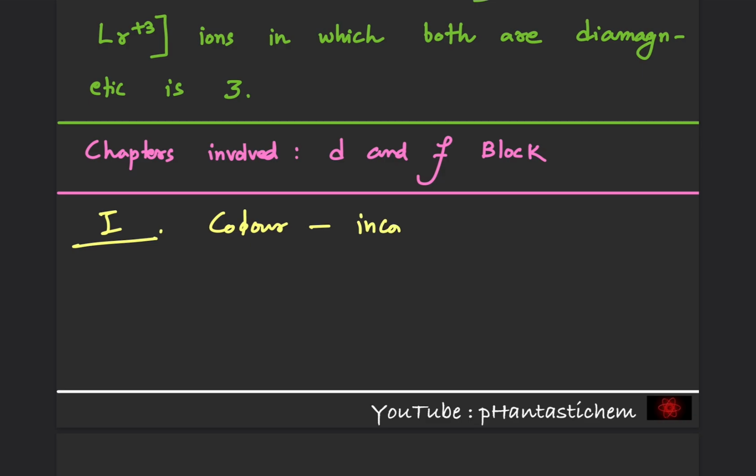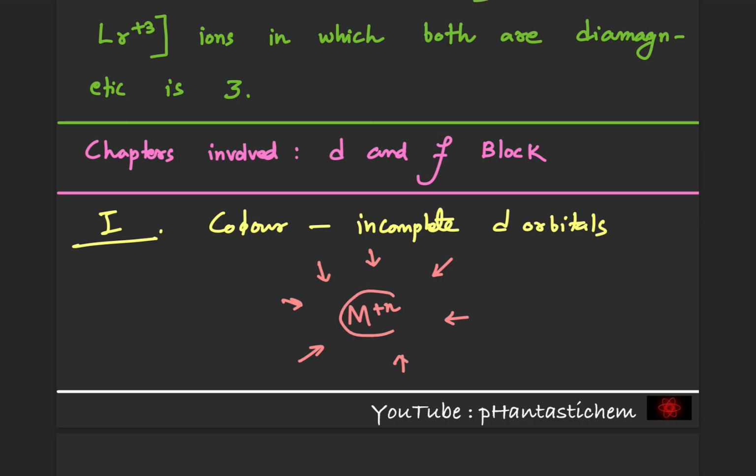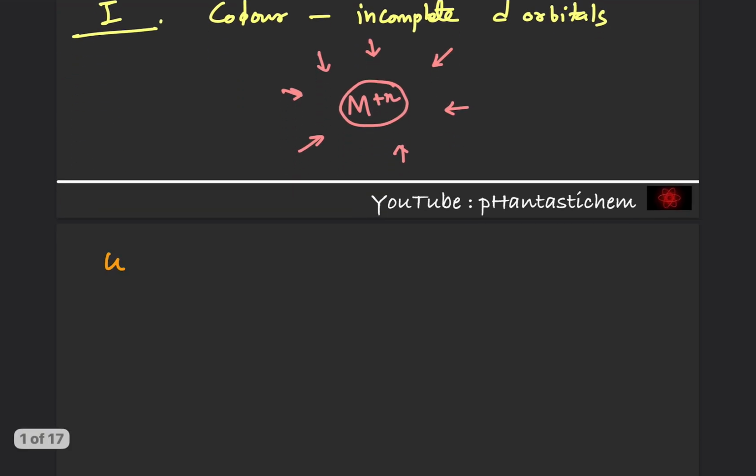So when the ligands approach a transition metal ion or atom, the otherwise degenerate, meaning having similar energy, d orbitals of the central metal atom or ion split into T2g and Eg. Very important.